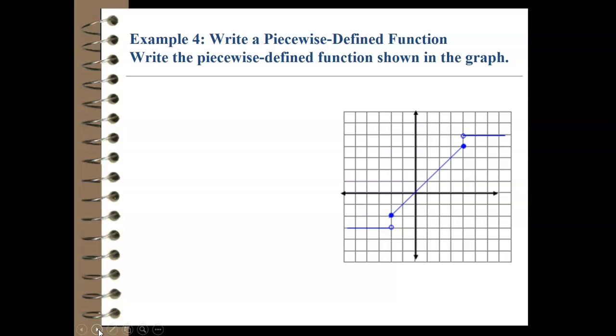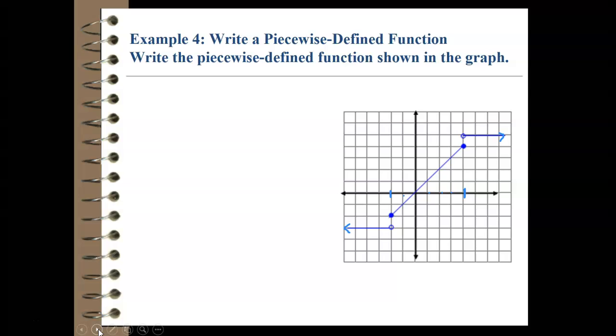Okay, this equation has 3 parts. So we need 3 breaking points. So this is at -2. And this breaking point is at 4.